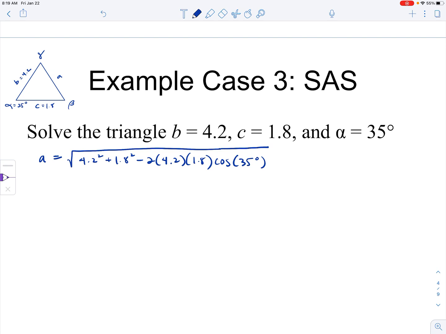You could simplify it a little bit, but that represents the exact value of A, and this is enough. You don't need to simplify different pieces underneath the radical for me.